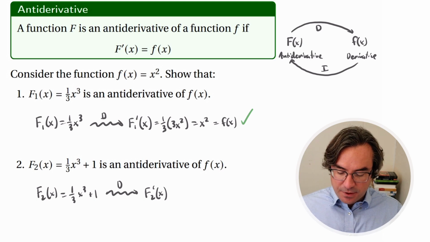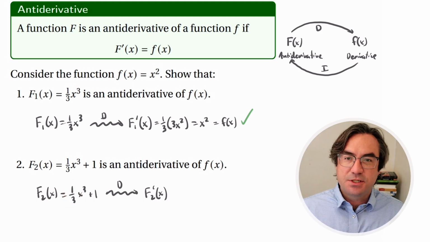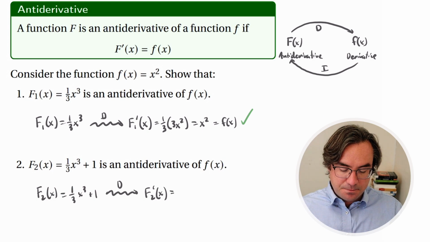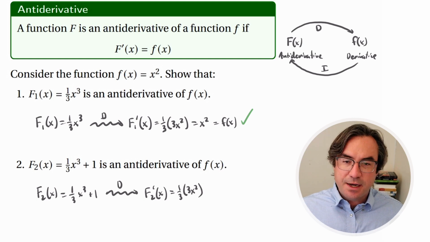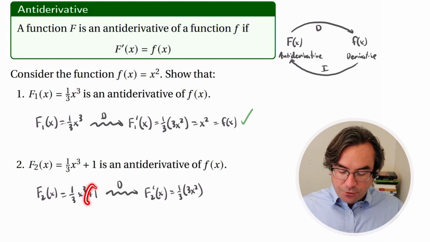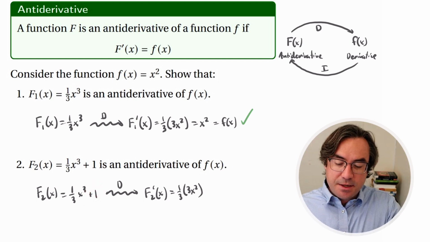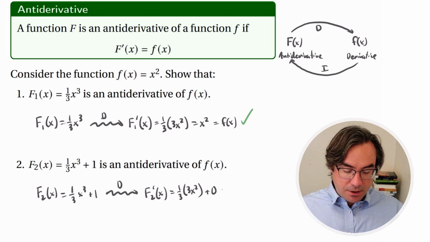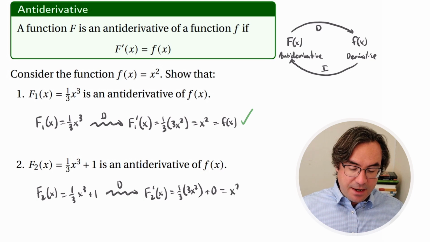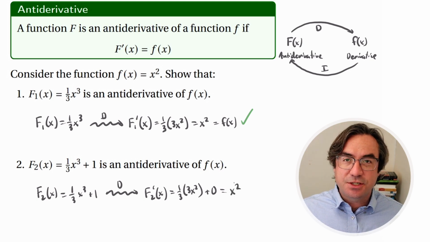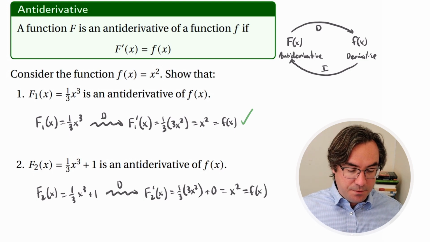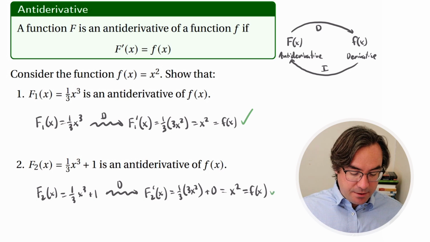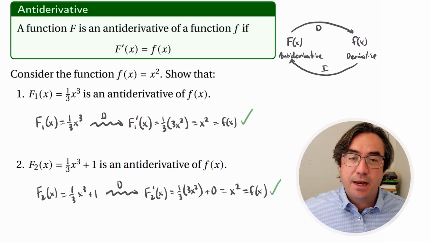The 1/3 is still a constant multiple. Differentiate the x cubed, we get 3x squared. And then the derivative of that plus 1 is 0, so we have plus 0. If we simplify, it simplifies to just x squared again. All right, so that is showing that this is also an antiderivative.